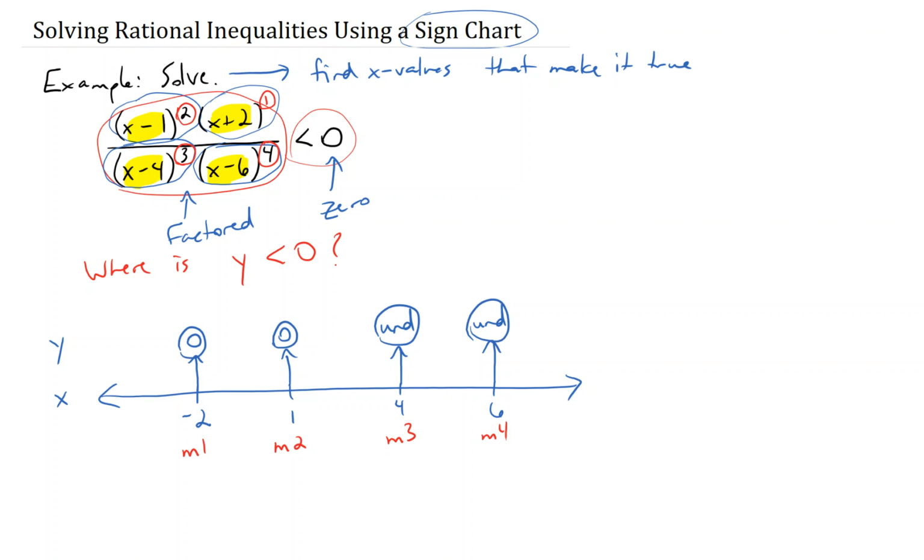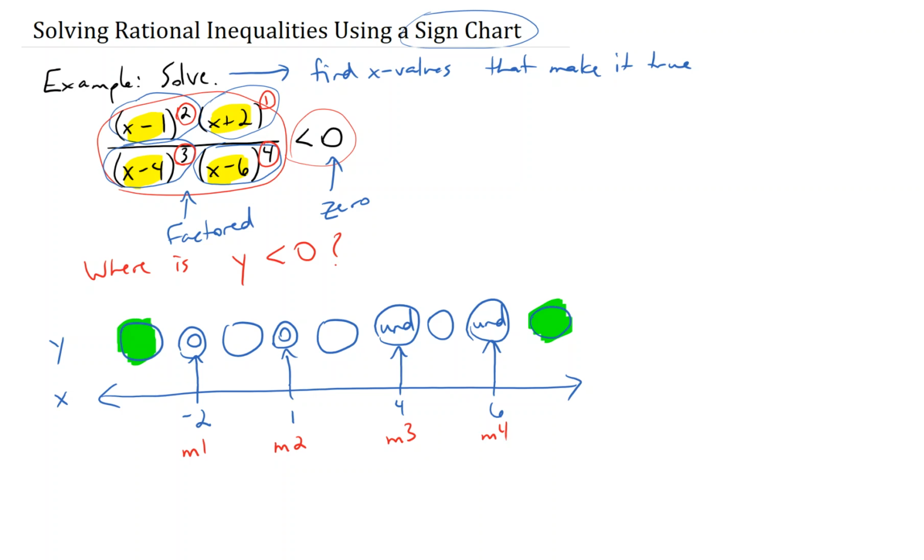Now what I want to do is get what happens to my y values between each of those, okay? And I'm going to start by looking at the ends of my number line chart, and I can determine if y is positive or negative there. Well, first of all, I could just plug in an x value in those regions. That'd be simple enough.